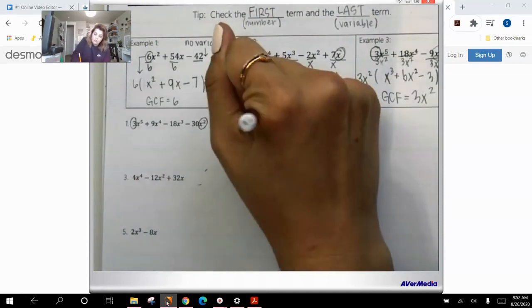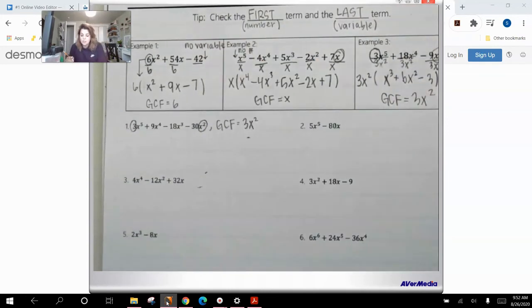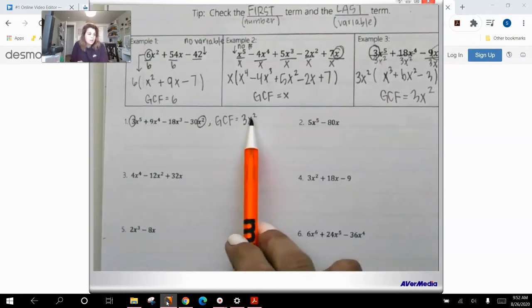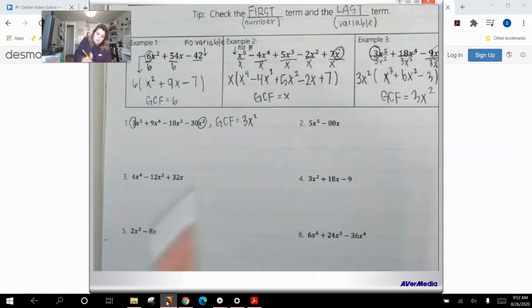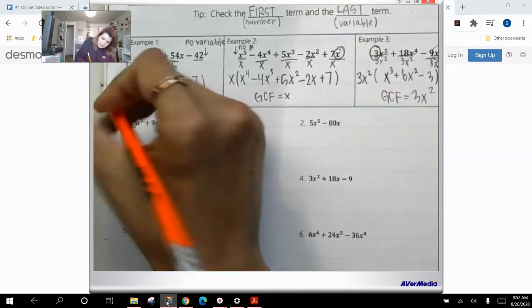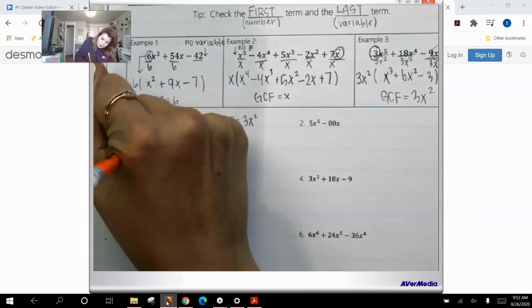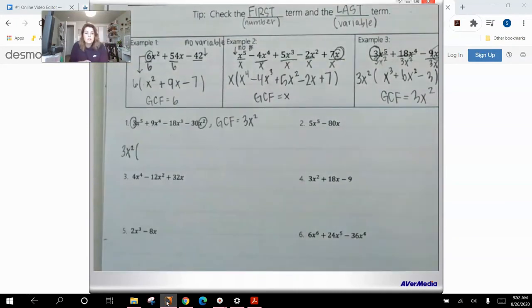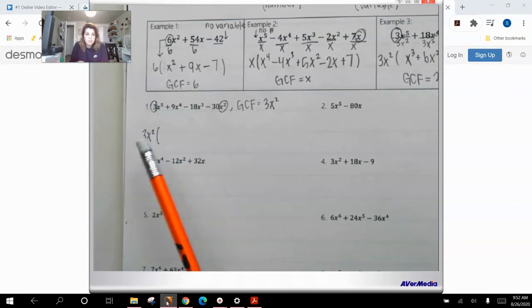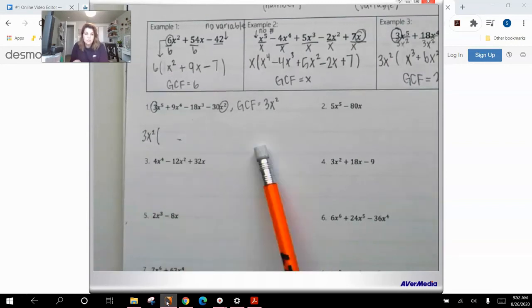So that means you're also going to factor out an x squared. So we are factoring out a 3x squared this time. So I'm going to write that down, 3x squared, and then I'm going to draw the parentheses. You have to put your GCF in front of the new factored expression.